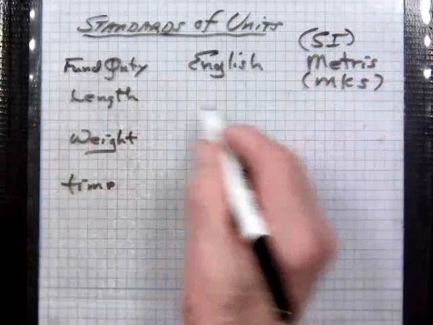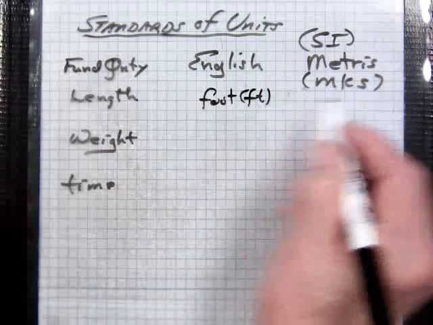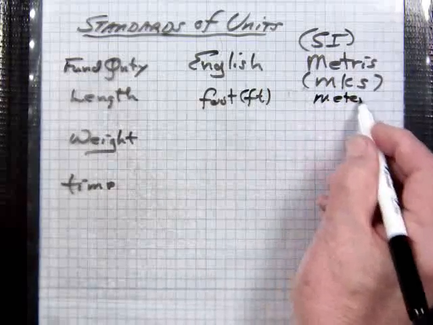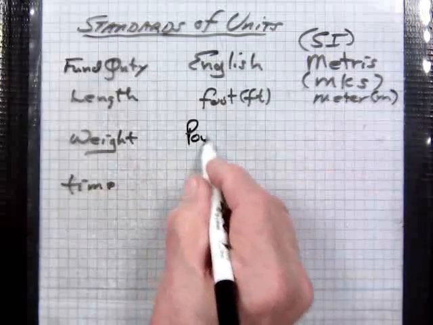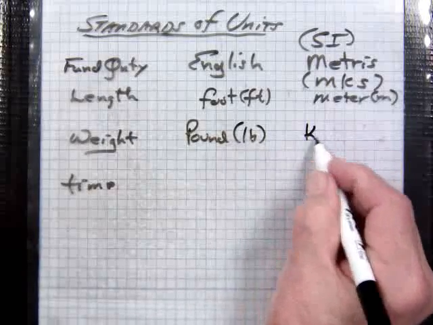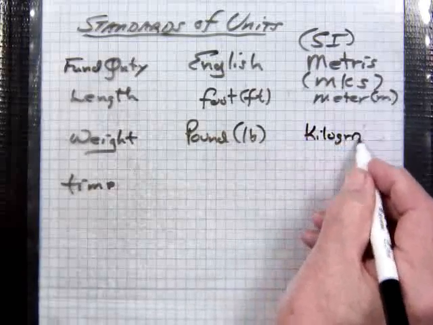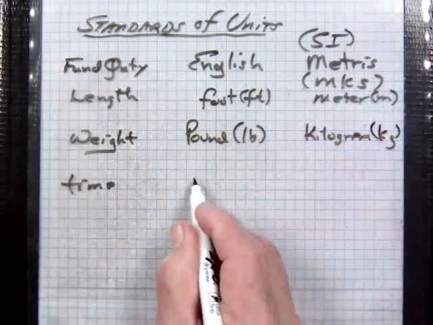The length in English, of course, is the foot, and then we have the meter. Weight is the pound, and this is the kilogram. And then time for both systems is the second.